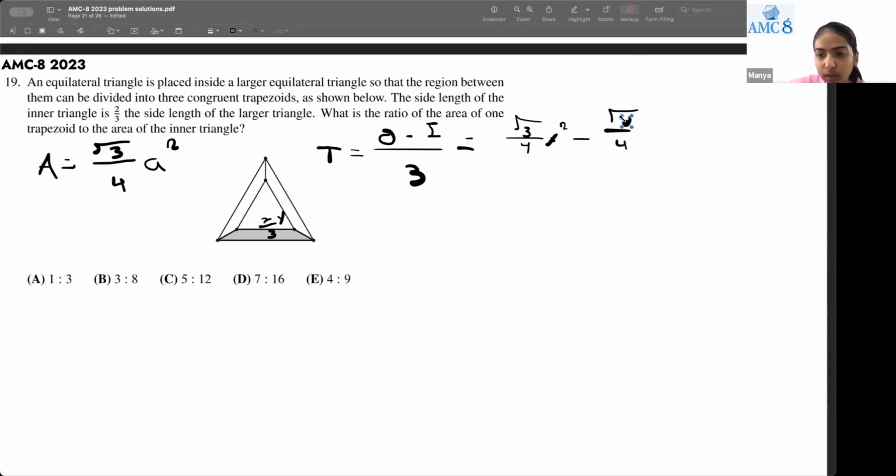This is 3 by 4, which is 3 by 4, times 2 by 3x by 3, right? We have to divide the whole thing by 3.